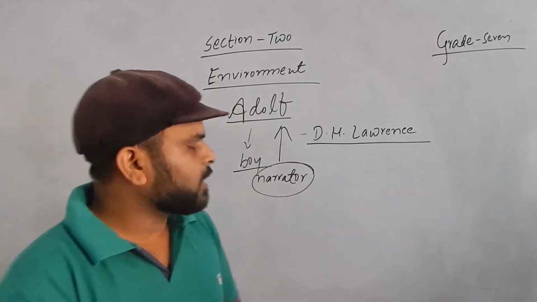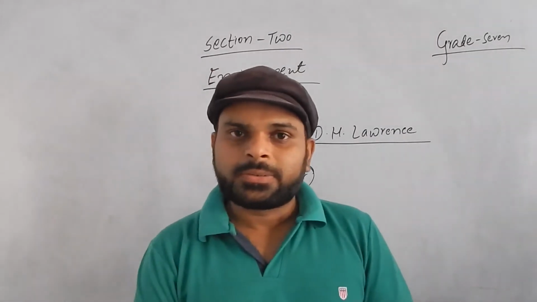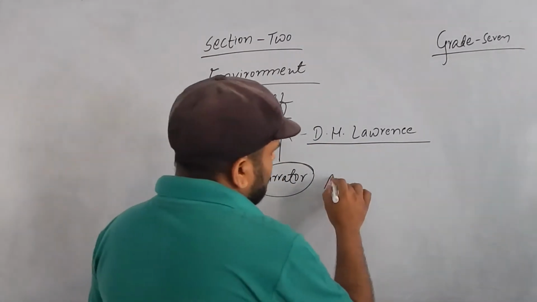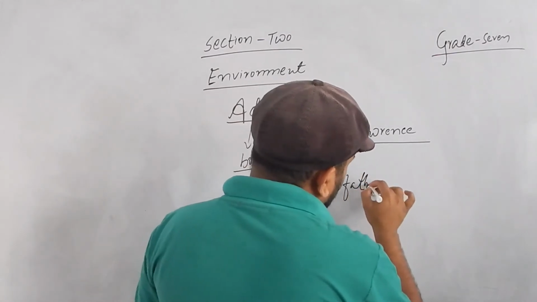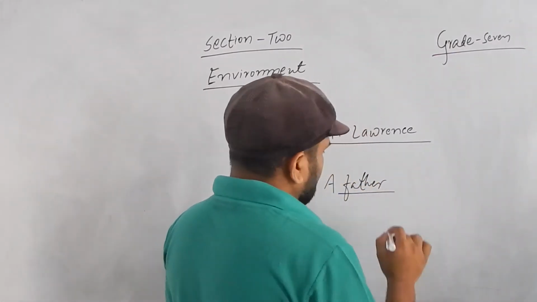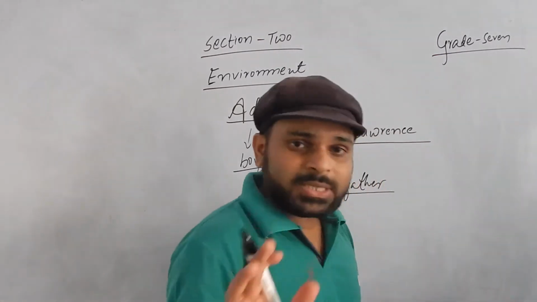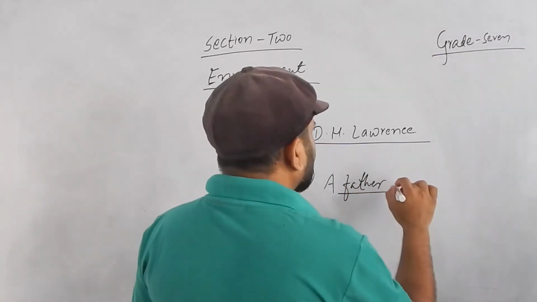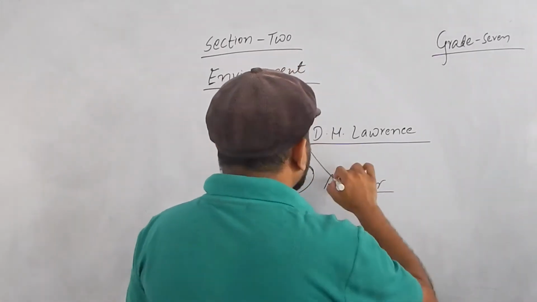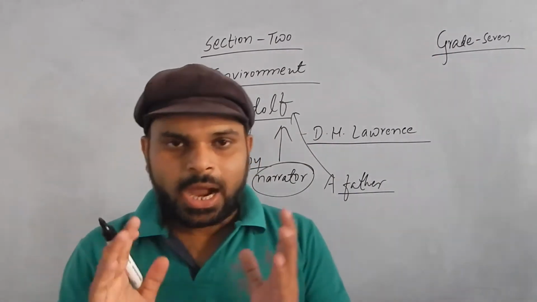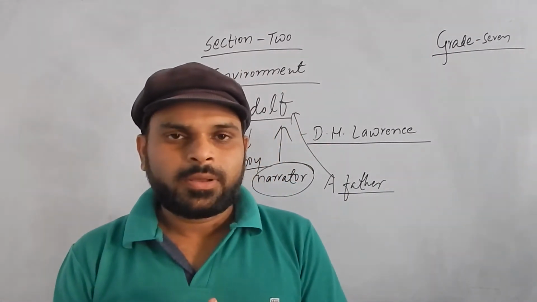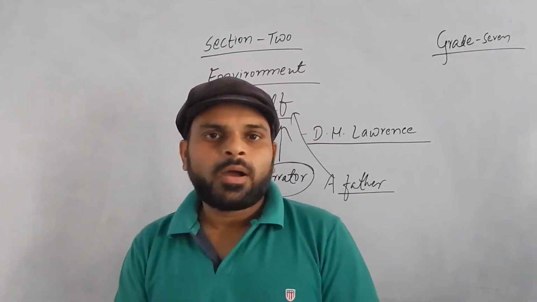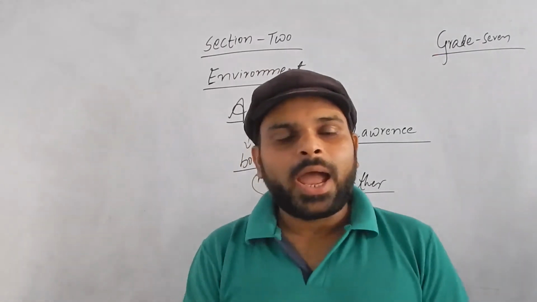The story starts with the father of Adolf, who brings a small baby rabbit home once.